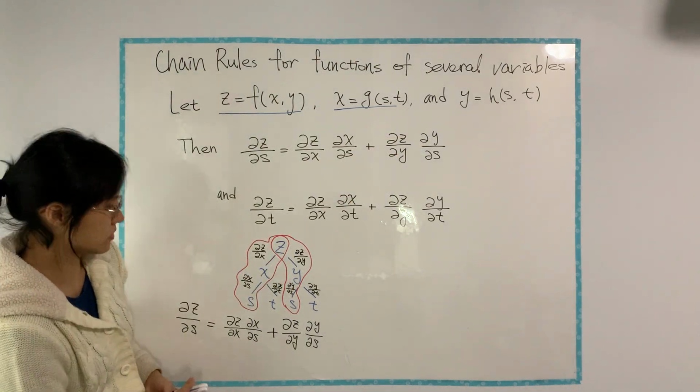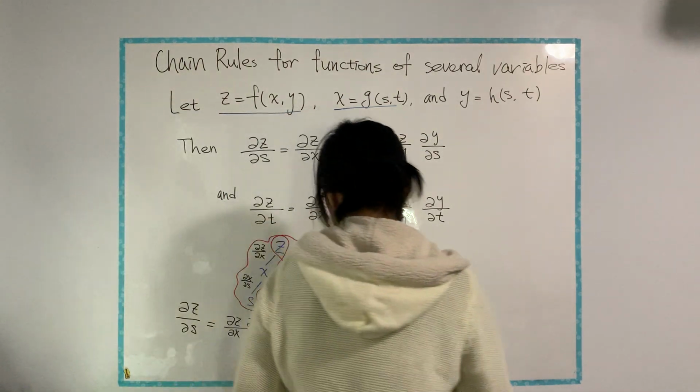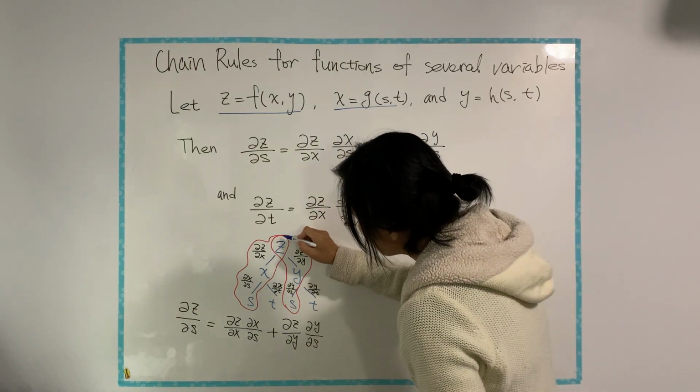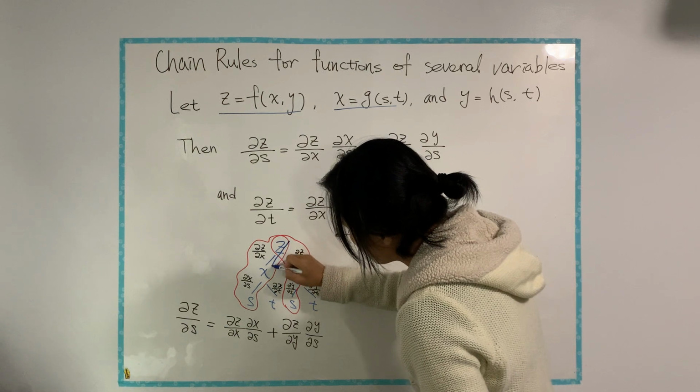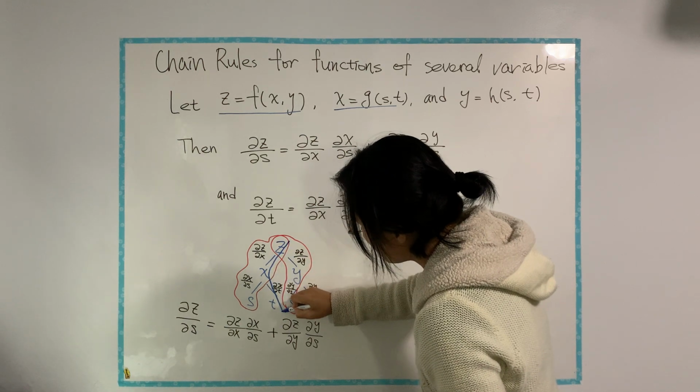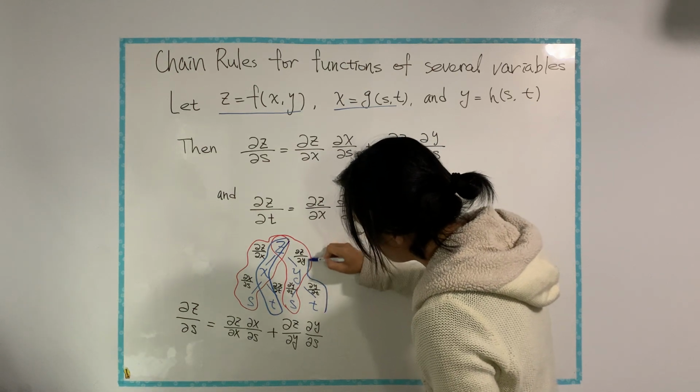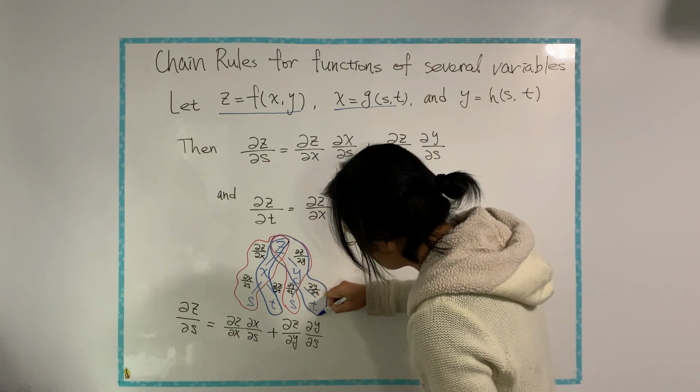Okay, pretty straightforward. Similarly, you have the branch that connects z to t, like that. Z to t, like that.